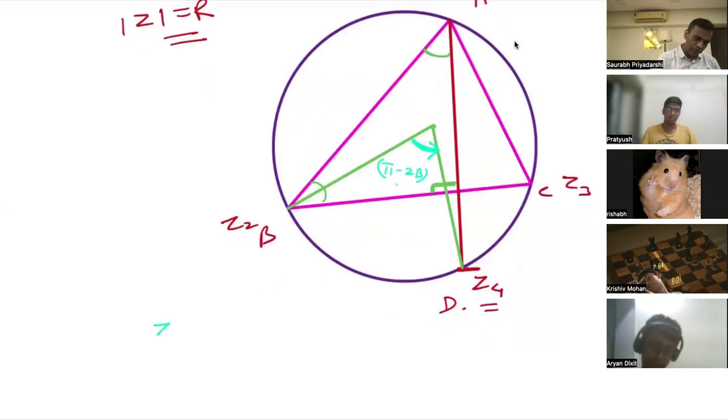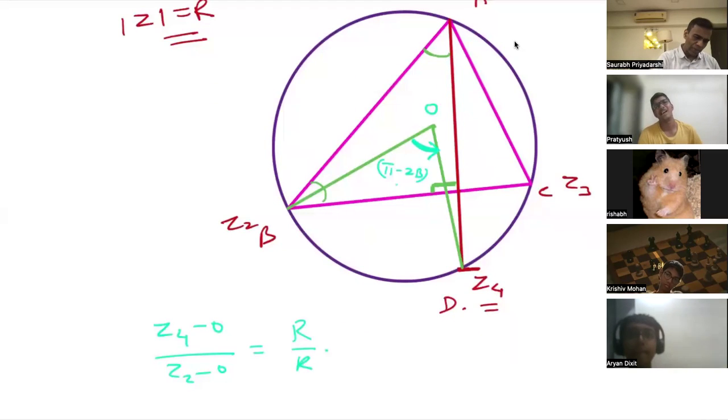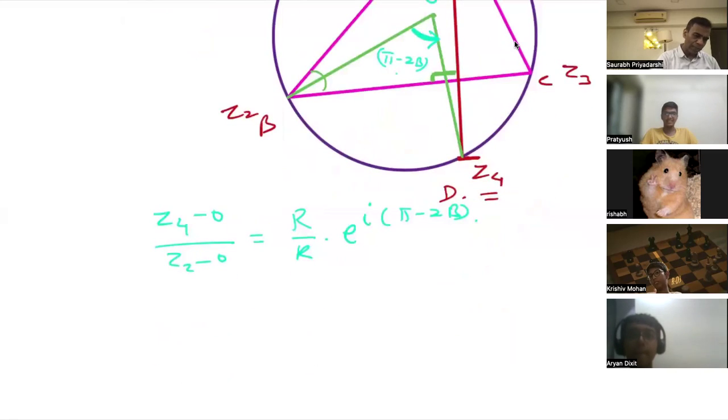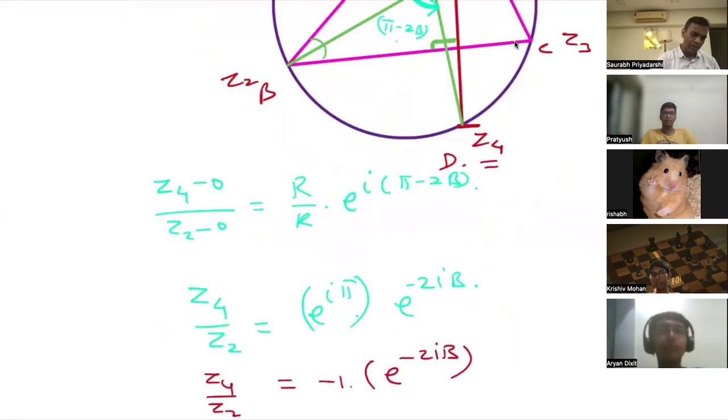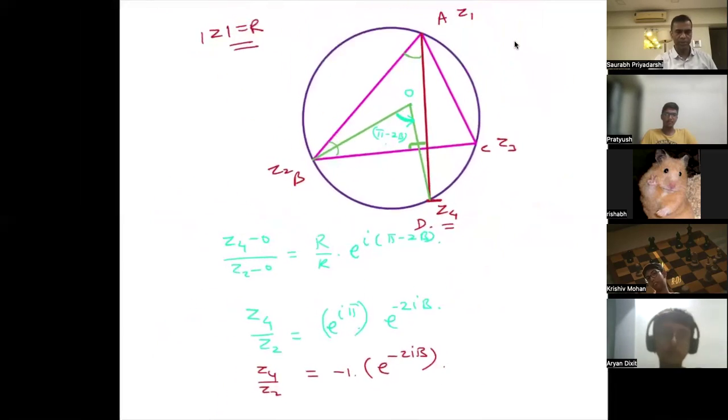Z4 minus 0 upon Z2 minus 0, because this is 0, is equal to r upon r, e to the power i(pi minus 2B). So Z4 by Z2 is equal to e to the power i pi into e to the power 2iB with minus sign. What is the value of e to the power i pi? Minus 1. Right? e to the power 2iB. Is this okay, everyone?